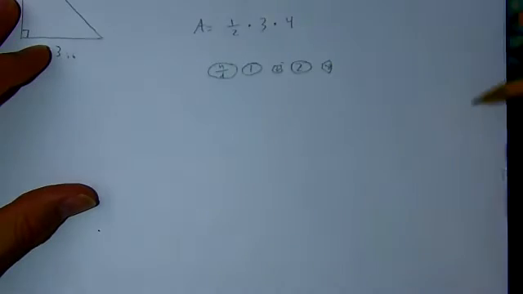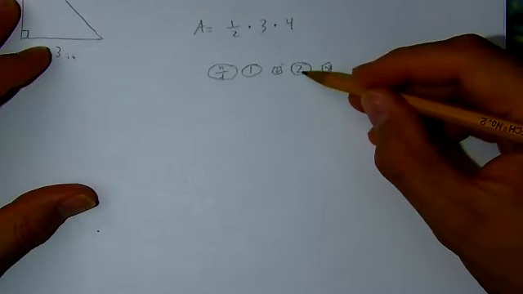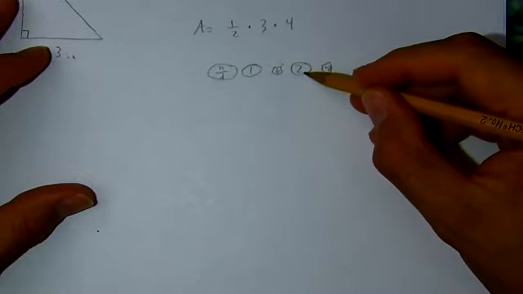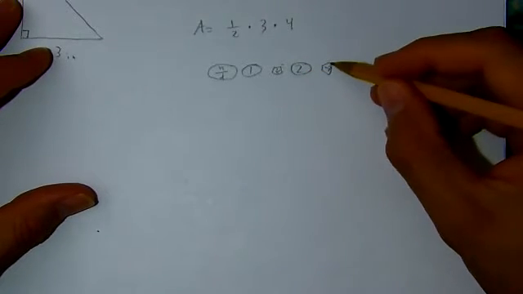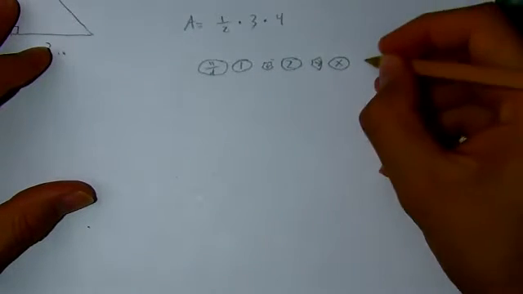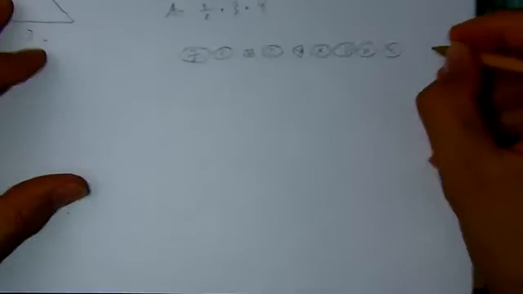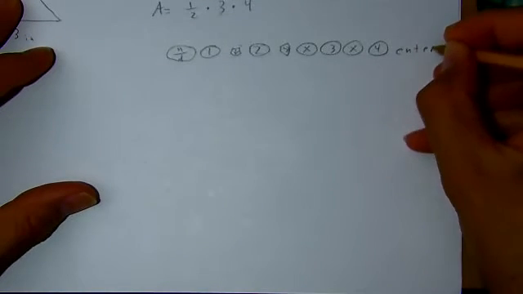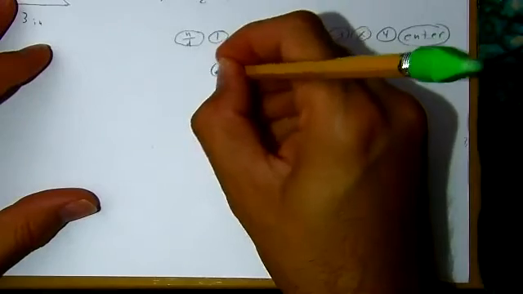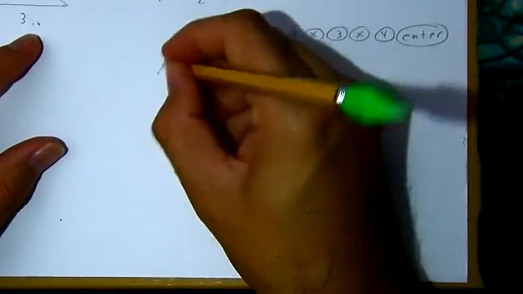By over, I mean over to the right. If you don't hit that over key, it's going to put everything on the bottom of the fraction along with the 2. So you've got to hit over to get out beside the fraction. Then you can hit multiply 3, multiply 4, enter. And you should get an answer of 6, which would be 6 inches squared because we're talking about area.